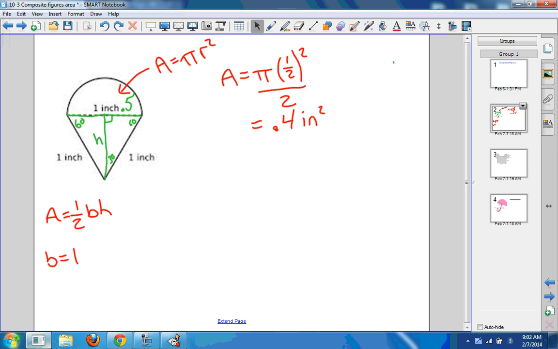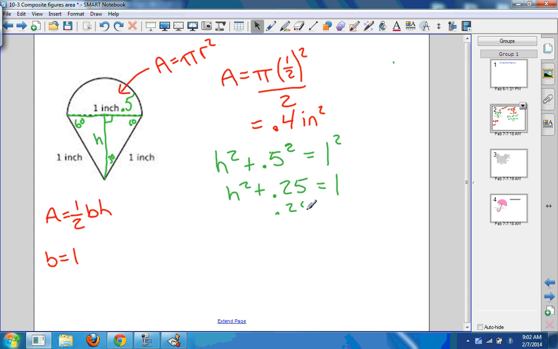a squared plus b squared equals c squared. So let's say h squared plus 0.5 squared is equal to c squared, which is going to be 1 inch squared. So h squared plus 0.5 squared, 0.5 times 0.5 is going to equal 0.25, is equal to 1 squared. 1 times 1 is 1.